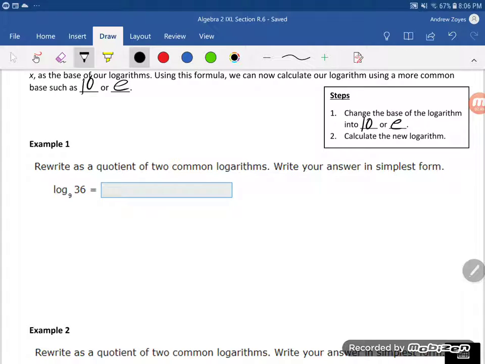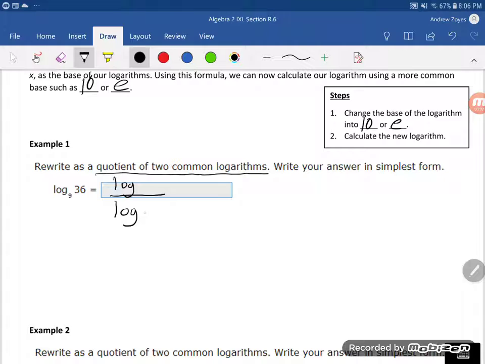So we're going to take log base 9 of 36, and we need to write it as a quotient of two common logarithms. Remember, the common logarithm is written log with no base, and the base is assumed to be 10. And then we're going to write another one, and remember, it needs to be the same base on bottom and top for this to work.